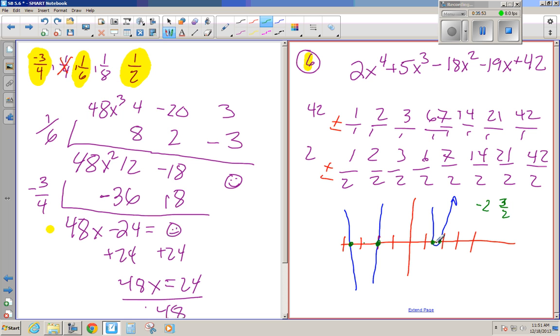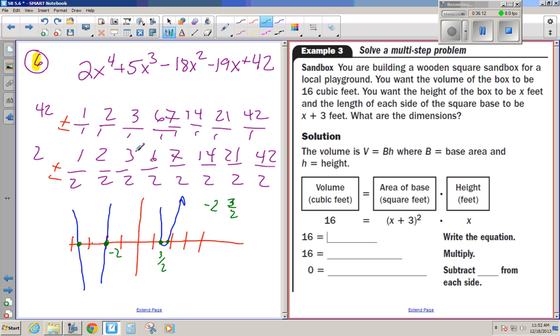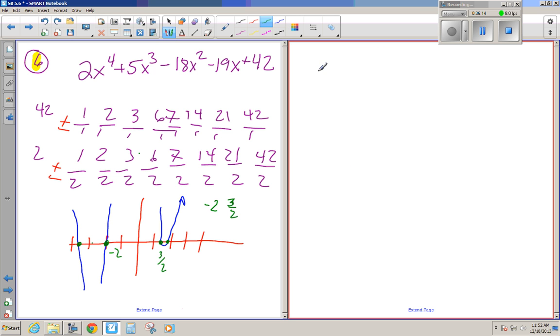So 3/2 is right here. And maybe you want to try something close to 1. I actually don't see anything. So let's try these. Let's start by attempting to do synthetic division with 2, 5, -18, -19, and 42.